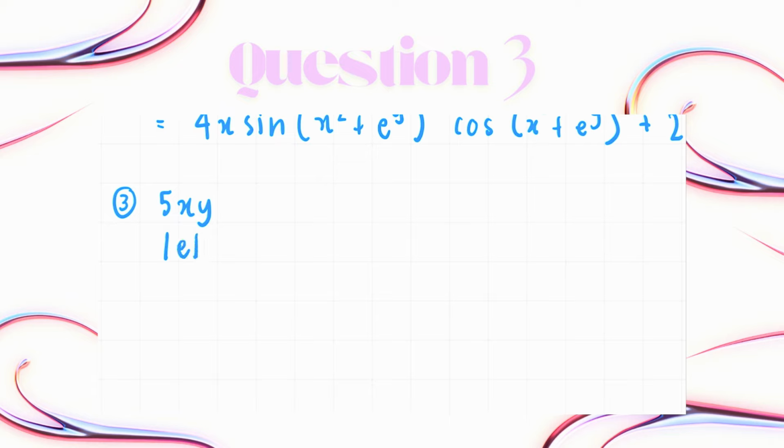We'll use the product rule, so let u equals x, u prime equals 1, v equals y, v prime equals 1 dy/dx.